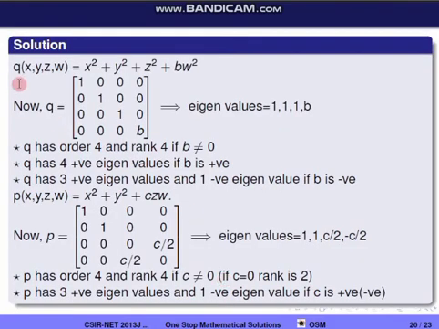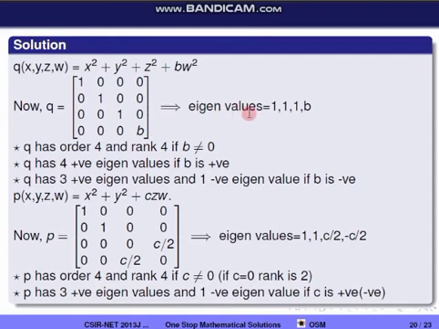So we have given Q of x, y, z, w is equal to x square plus y square plus z square plus b w square. So we'll write its matrix. So we know the diagonal elements are the coefficient of x square, coefficient of y square, coefficient of z square, coefficient of w square. So we'll write that. So we'll get this matrix. So we know for diagonal matrix, the diagonal elements are eigenvalues.